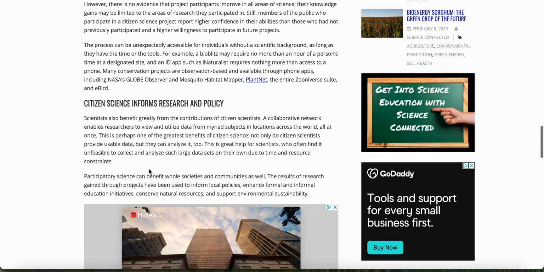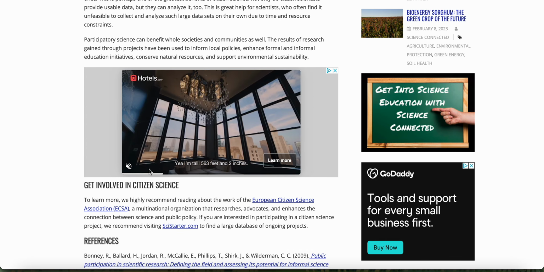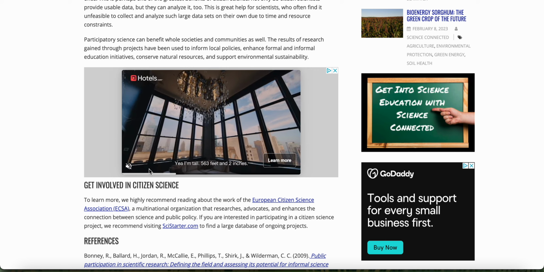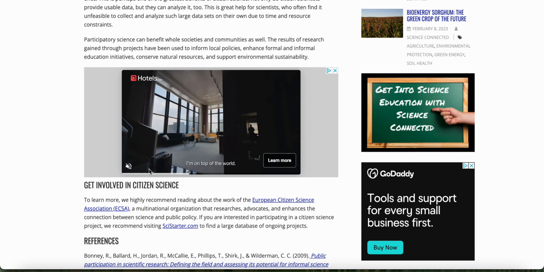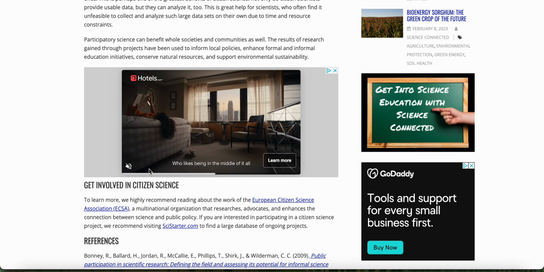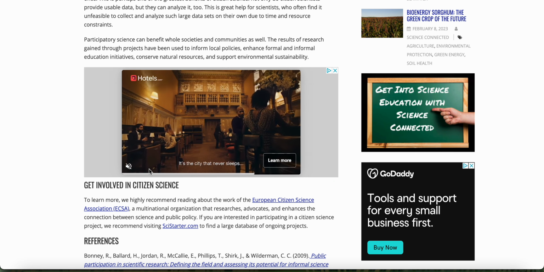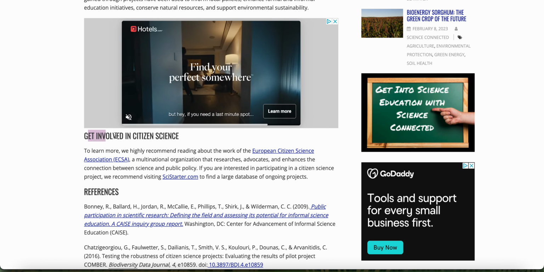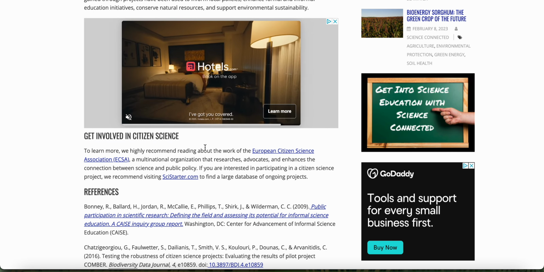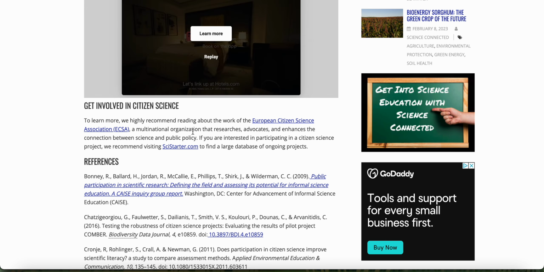Informs research and policy. I think this website was extremely helpful to me. When I first started researching, this website came up, and I definitely used it a lot just to keep referring back to why people should get into citizen science, get into helping the community, helping themselves, helping science, because it had a section down here under the ad that has links to projects and organizations that you can get started on.